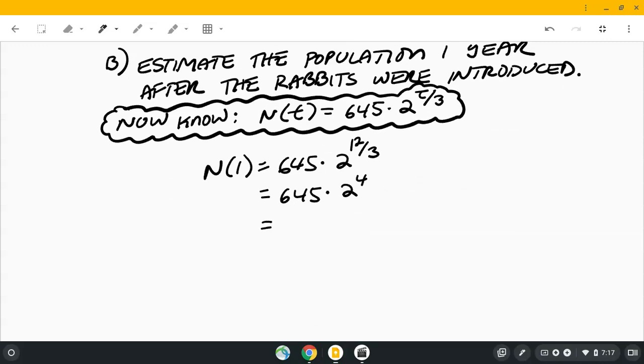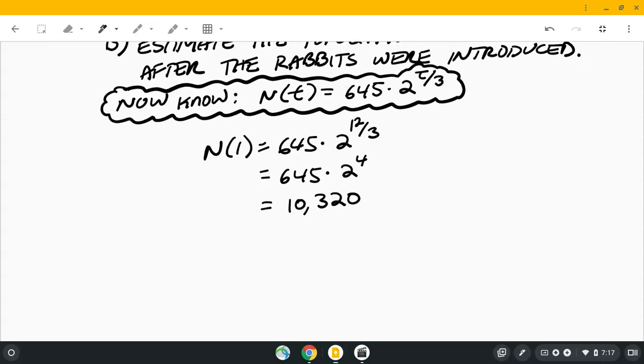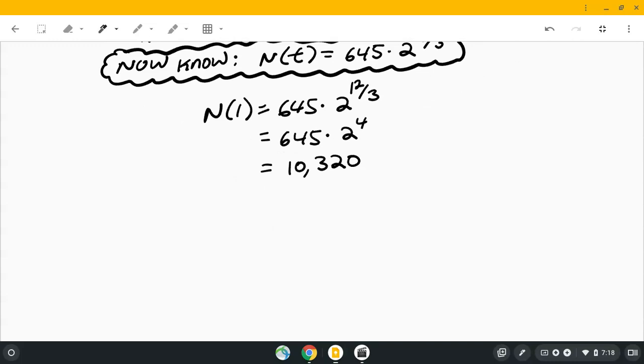When I punch this in, I get 10,320. That's a lot of rabbits after 1 year.